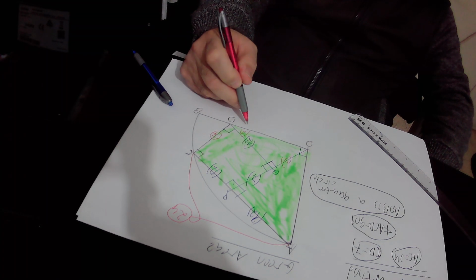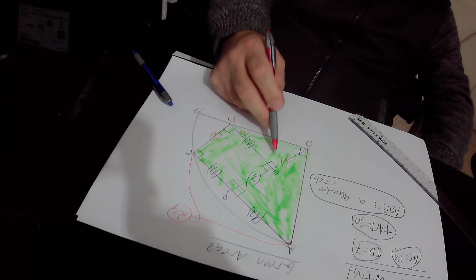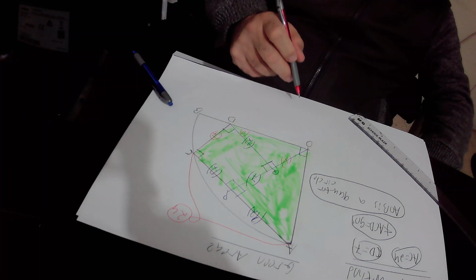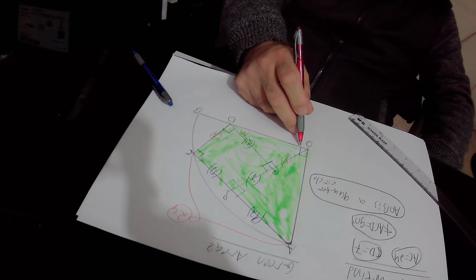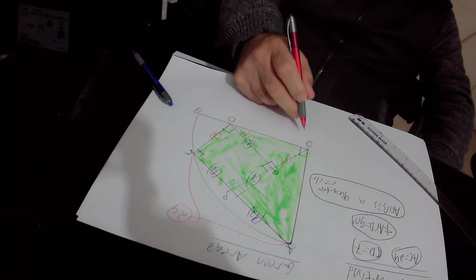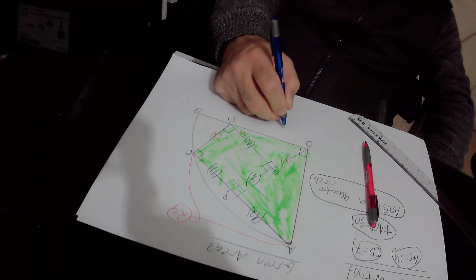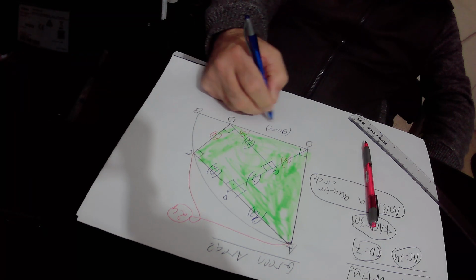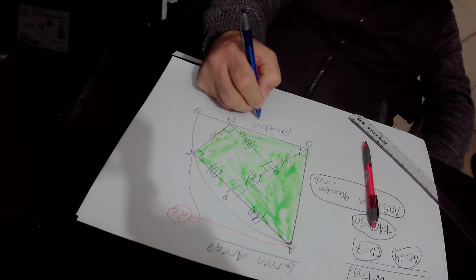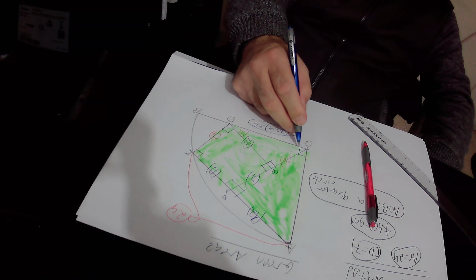This angle equals alpha, this angle equals 90 degrees. Therefore, the missing angle here must be equal to 90 degrees minus alpha. We will define 90 degrees minus alpha as beta. Therefore, the missing angle here must be equal to beta.